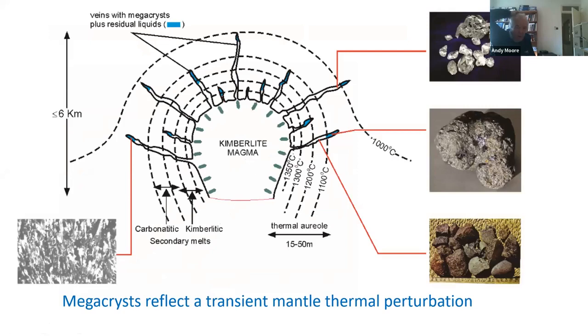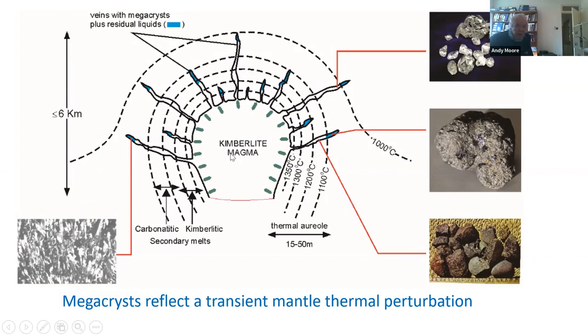And Ben Harte and John Gurney proposed a model along these lines to account for this isobaric crystallization over a range of temperatures. And this is my attempt to represent it. So this is my artwork, but I'll try and give an outline of their model. They envisaged a pooled magma body in the mantle, surrounded by a thermal aureole.